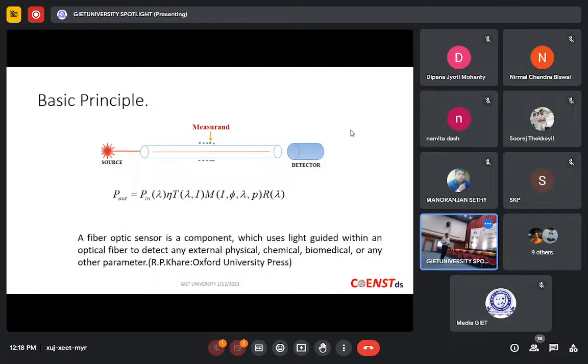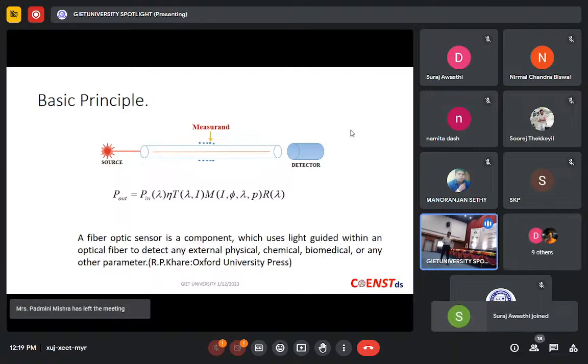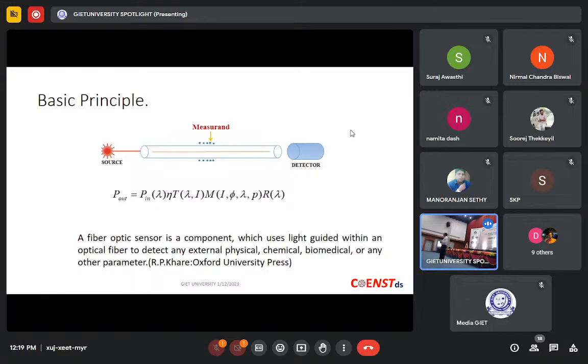For example, if your output power changes with respect to intensity, this is called an intensity modulated sensor. Similarly, if it changes with respect to phase, then this is called a phase modulated sensor. Similarly, a spectrally modulated sensor changes with respect to wavelength, and a polarization based sensor changes with respect to polarization.